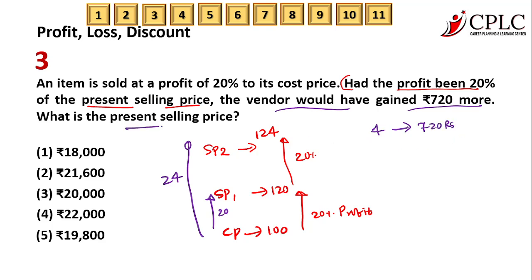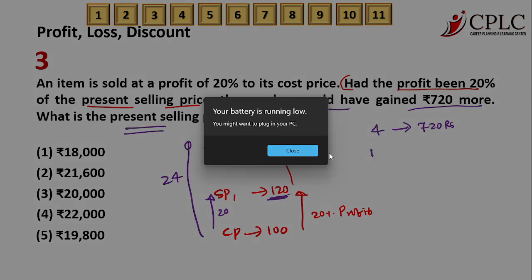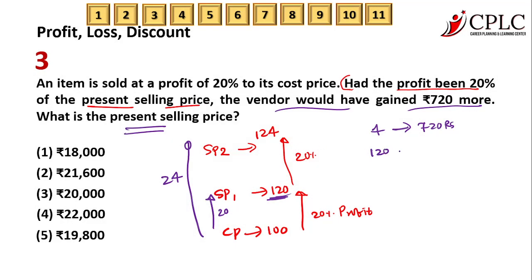And they are asking what is the present selling price. So obviously the present selling price is 120. They are asking how much is that basically. So 120 is how much? What we should be doing is simply cross multiplying. So let's cross multiply. Suppose that is x.